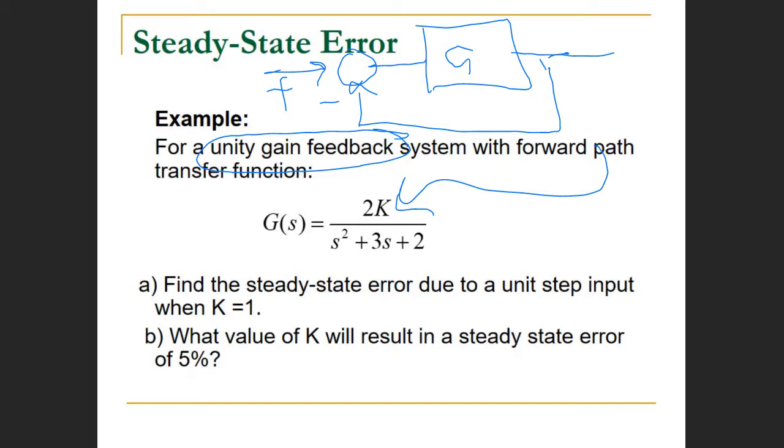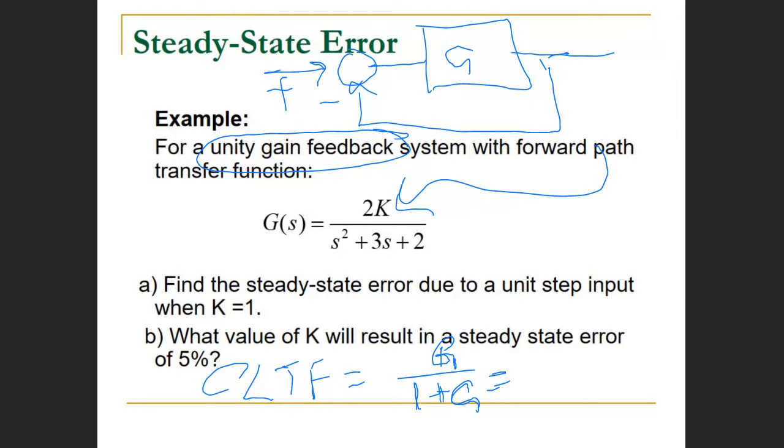So the closed loop transfer function here, I'm going to use CLTF, equals G over 1 plus G. I'm sorry, G over 1 plus G. Now we're going to substitute.